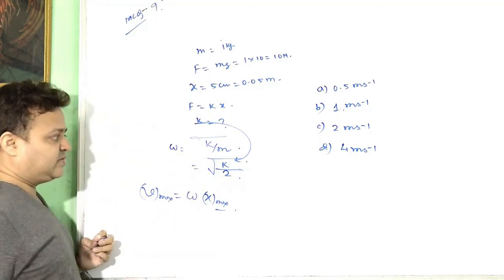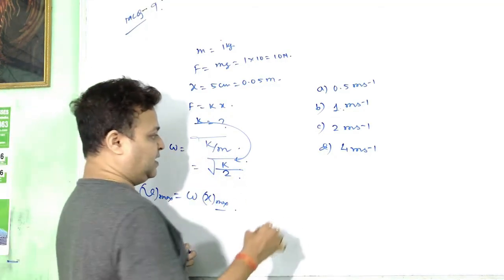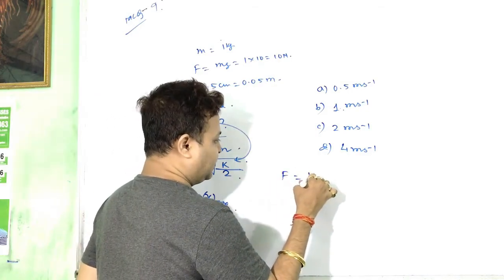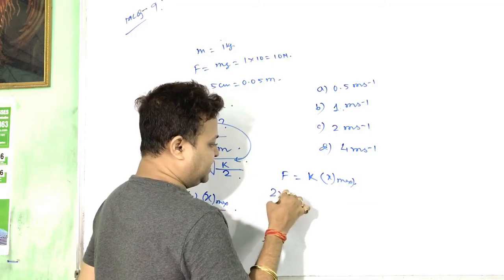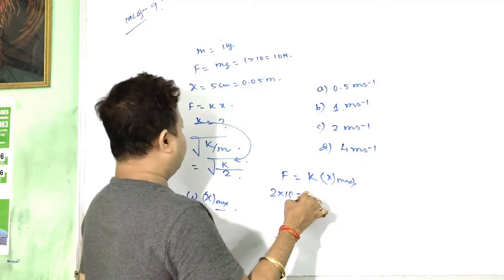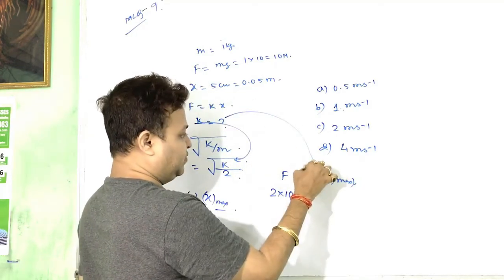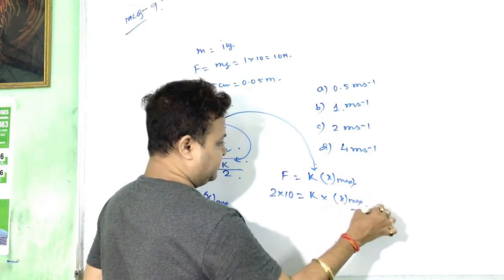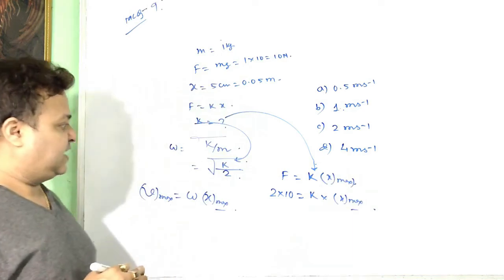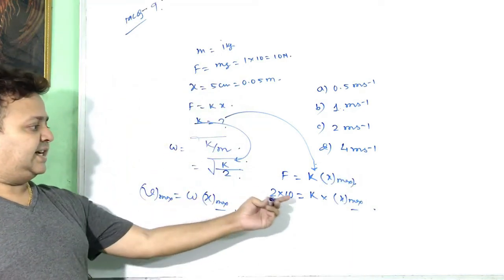Find the maximum displacement: force equal to K into x max. The force is 2 kg block, 2 into g, equal to K into x max. Then take omega from here and put x max.